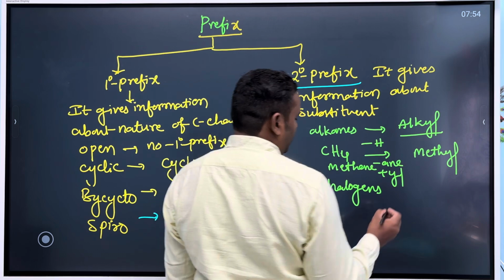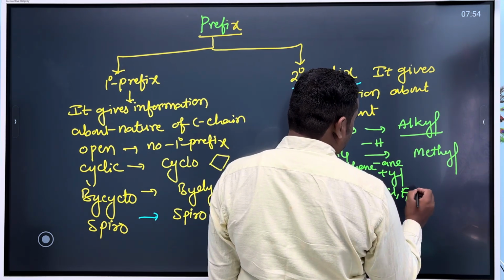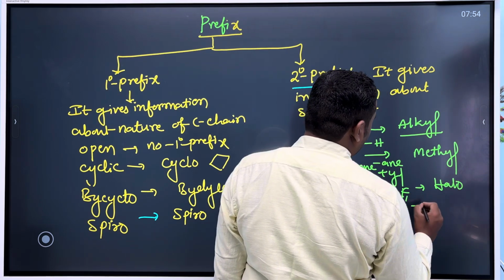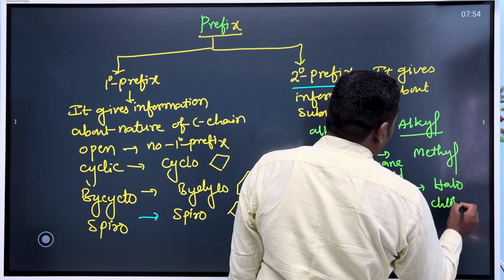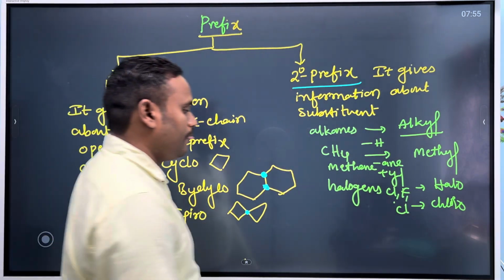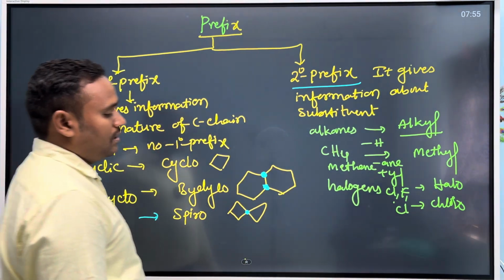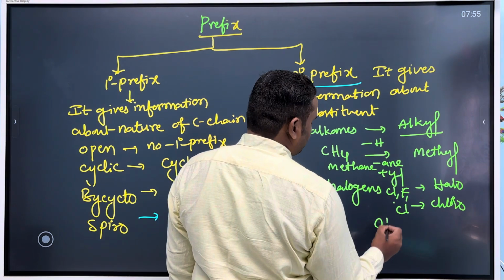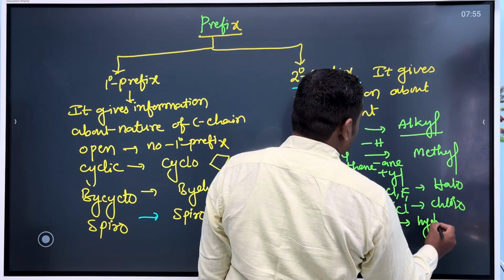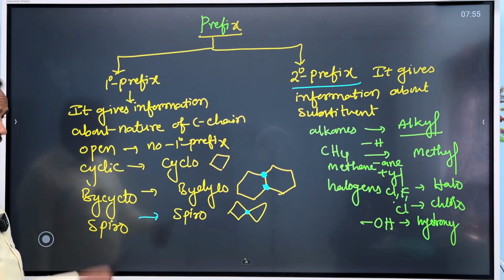Halogens are substituents like chlorine, fluorine, bromine, iodine, etc. We use halo. For example, chlorine is chloro. Bromine as a substituent is bromo. Iodine as a substituent is iodo. If OH is a substituent, we use hydroxy. Likewise, we use the secondary prefixes.